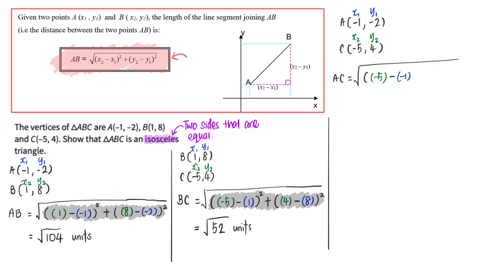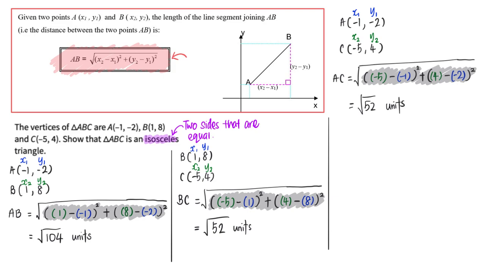Minus -1, square, plus 4 minus my negative 2, square. And for this, when I press my calculator, this particular value does give me a value of square root 52 units.